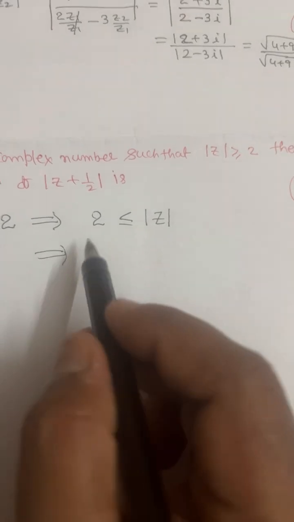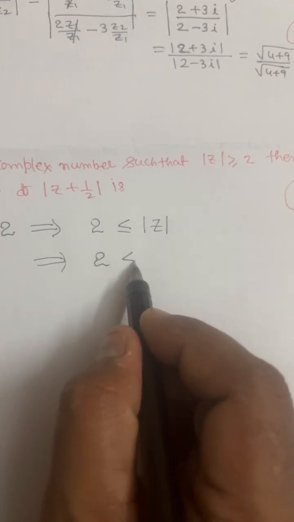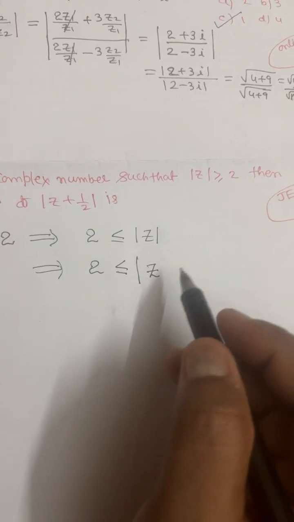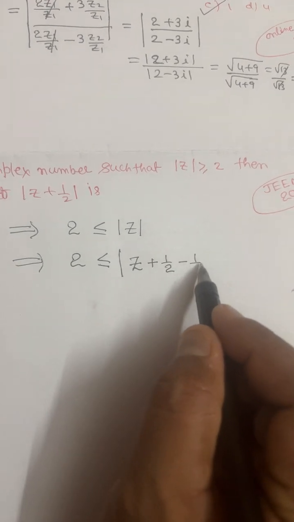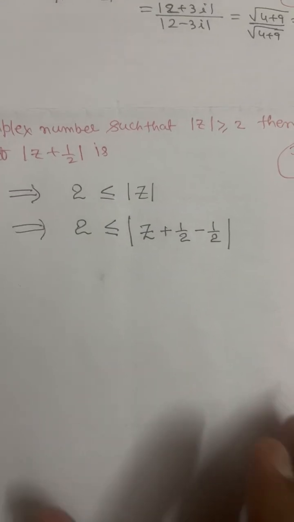But the question requires mod z plus 1 by 2. So 2 is less than or equal to mod z, and here I am adding plus 1 by 2 and subtracting 1 by 2. So this is the turning step, dear students.